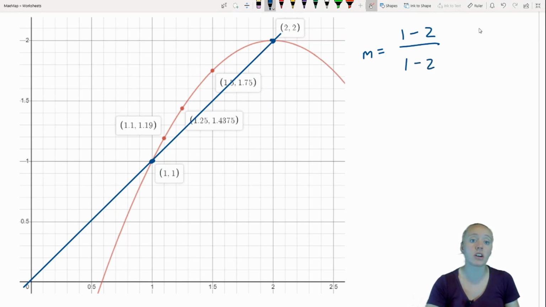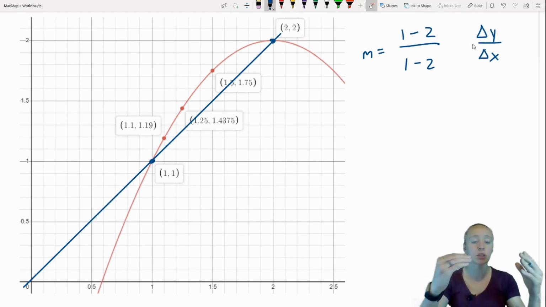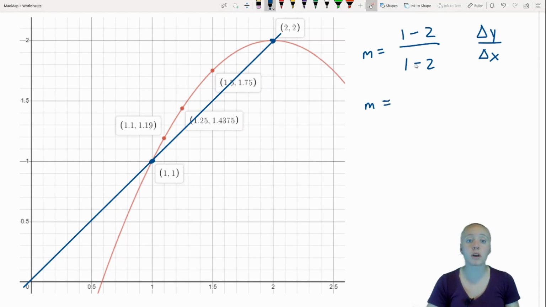So this is our change in y over our change in x. Those triangles represent delta, meaning change in y over change in x, that's our slope. So our slope m is 1 minus 2 gives us a negative 1, over 1 minus 2 gives us a negative 1. Negative 1 over negative 1 is a slope of 1.